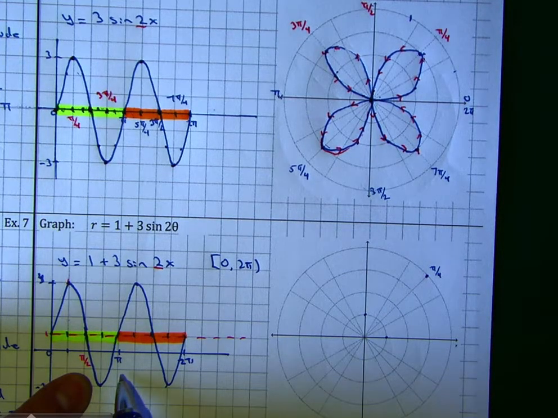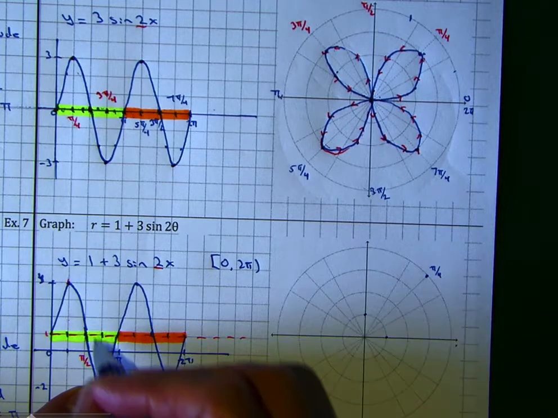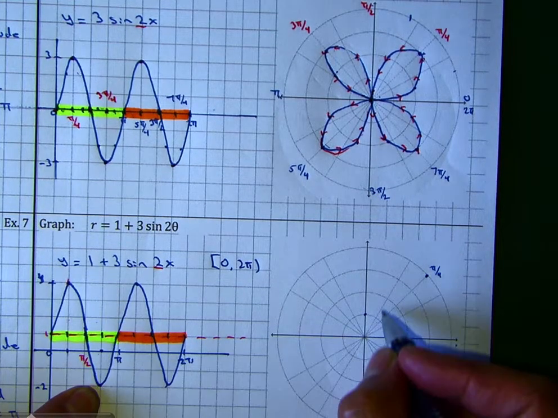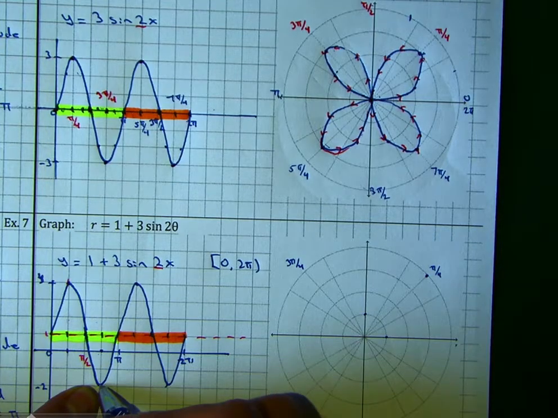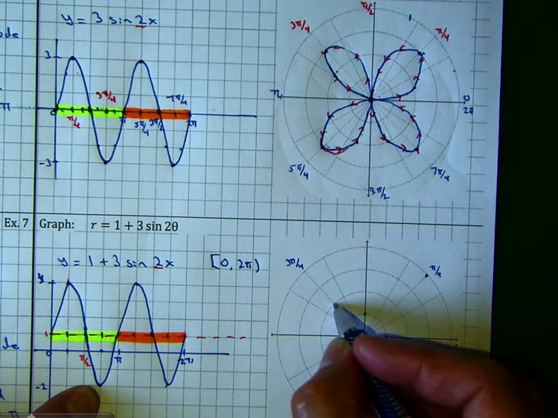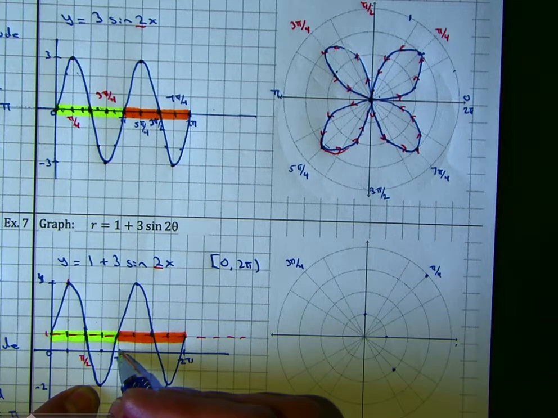Then at 3 pi over 4, well, where's this location? This is 3 over 4. Do you guys agree? So therefore, this is 3 pi over 4. It's going to be negative 2. So instead of going forward, it will be 1, 2. Then at pi, we'll be back to 1.